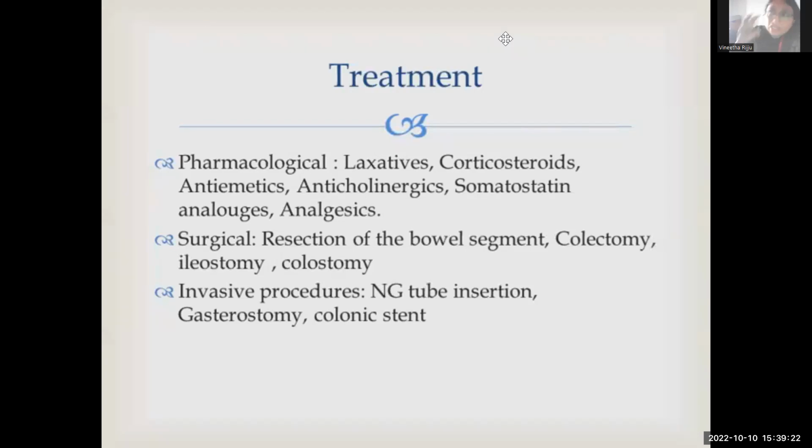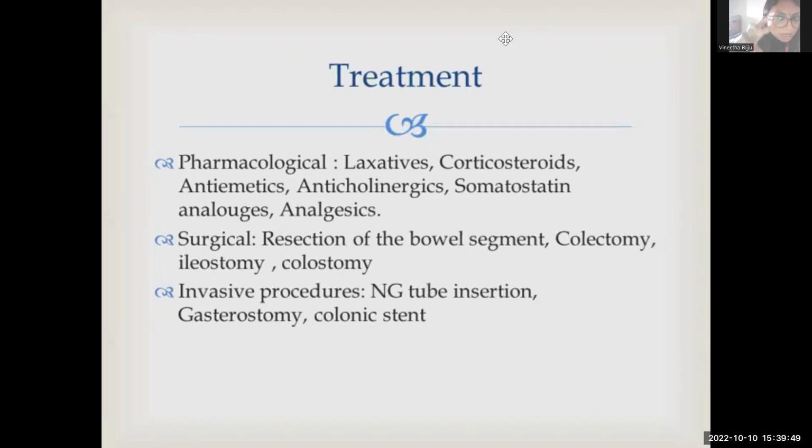So when there is a tumor, we might not be able to decrease the size of the tumor, which is closing the lumen of that intestine. But every tumor might have a peritumoral edema, that is an edema around it. So we give corticosteroids to decrease that peritumoral edema.